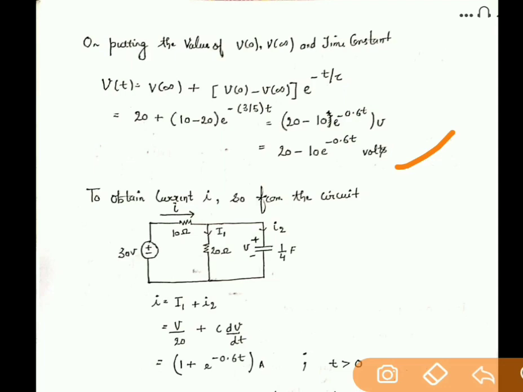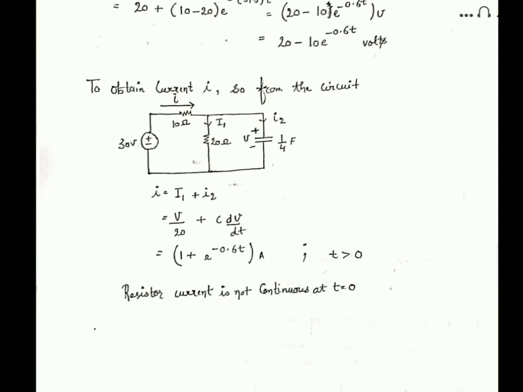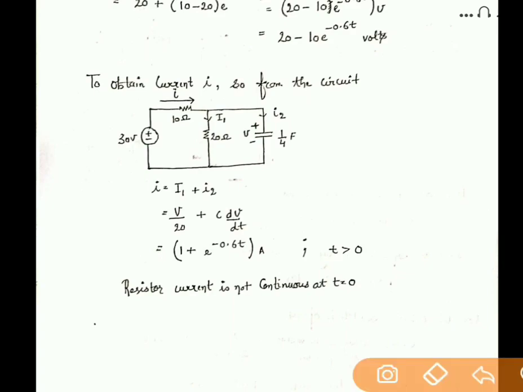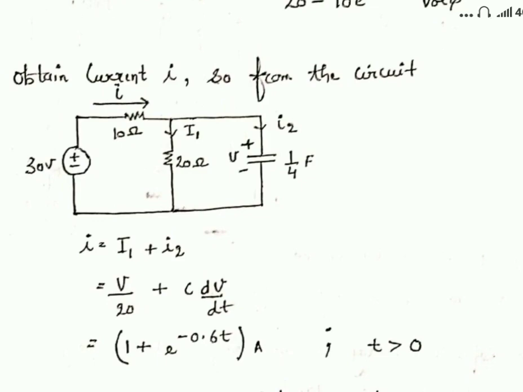But once we talk about the current through the resistor branches, you can come to the conclusion that resistor currents would be discontinuous. Now how will we calculate the resistor currents over here?